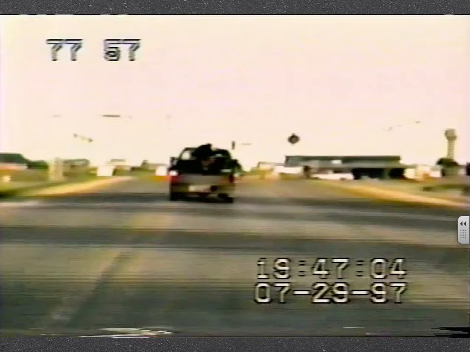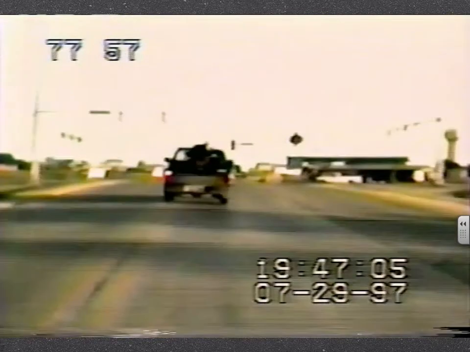So here's a kid that decided he was going to steal a riding lawnmower from someplace and stick it in the back of his truck and then run from the cops. And this is being taken by a police camera who's chasing this guy, and he's about to approach an intersection where there's a red light, and, well, you'll see.